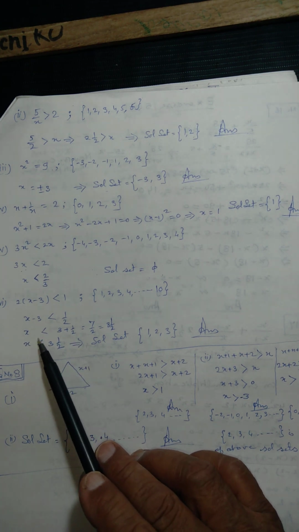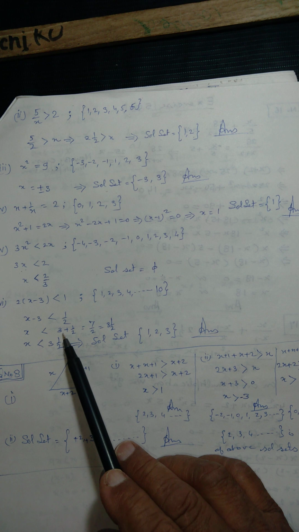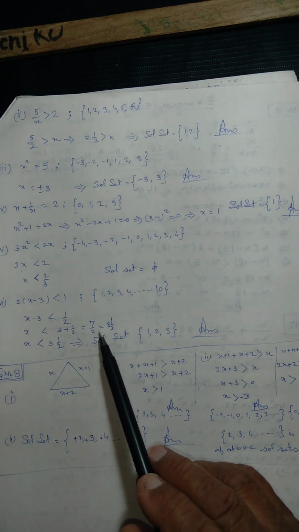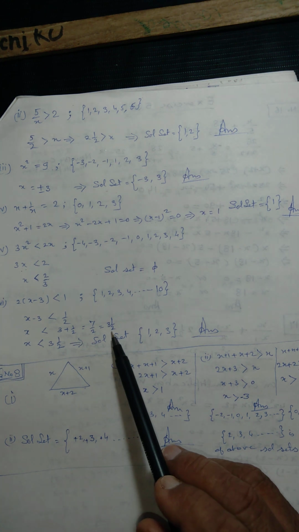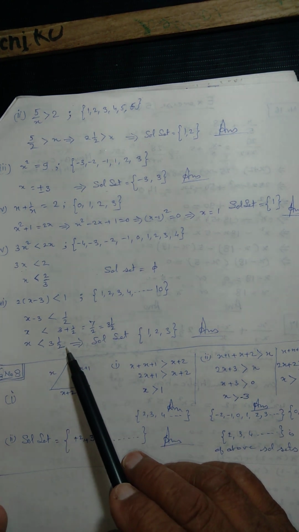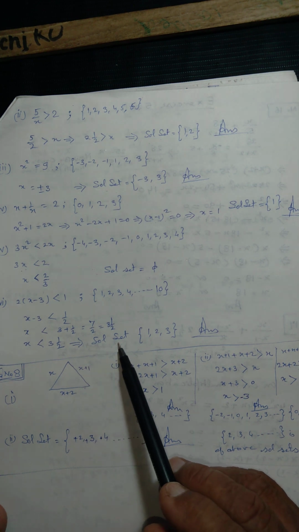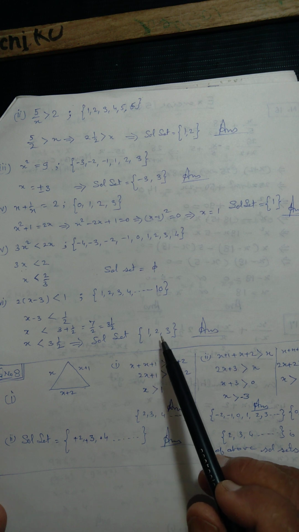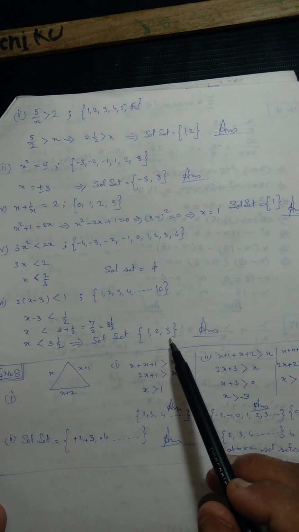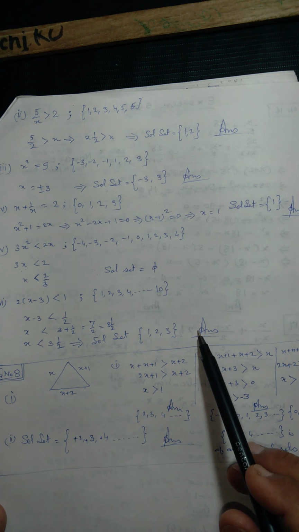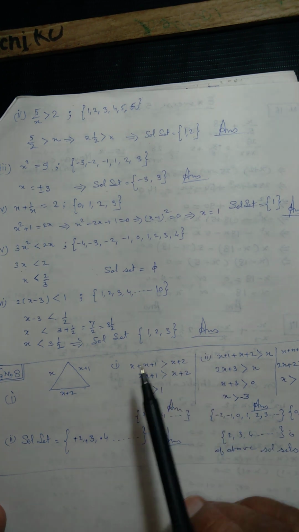So x is less than 3 plus 1 by 2, that will be equal to 7 by 2. So that is again 3 and 1 by 2. X is less than 3 and 1 by 2. So the solution set will be 1, 2 and 3. This will be the answer for the sixth part of question number 7.